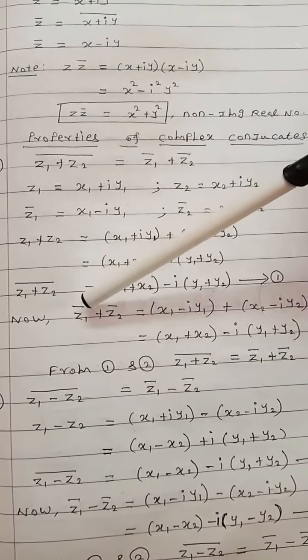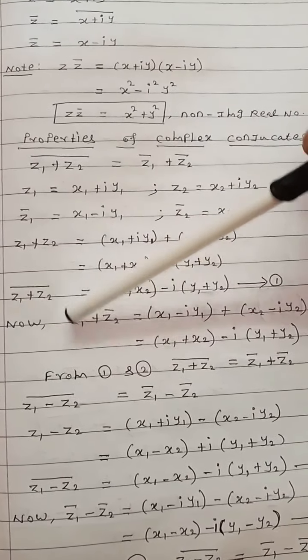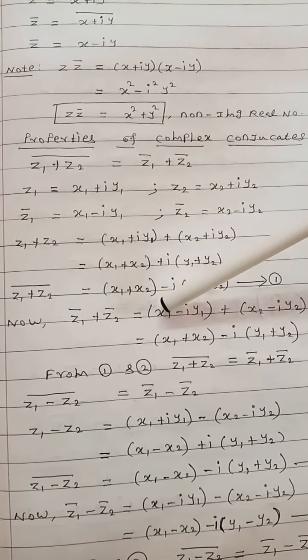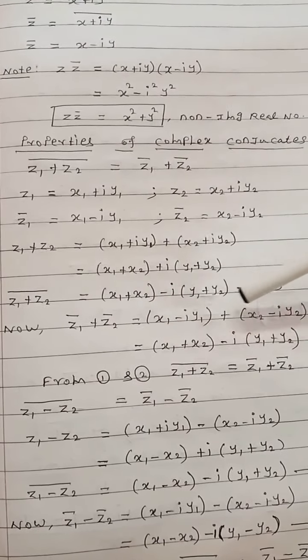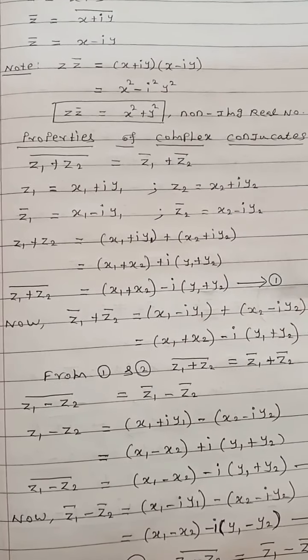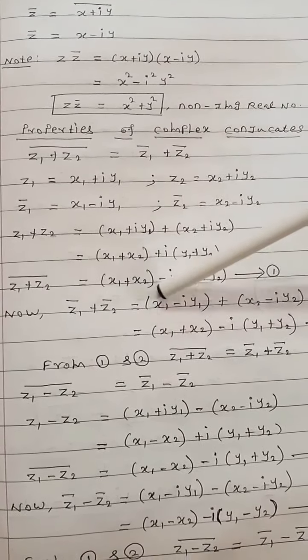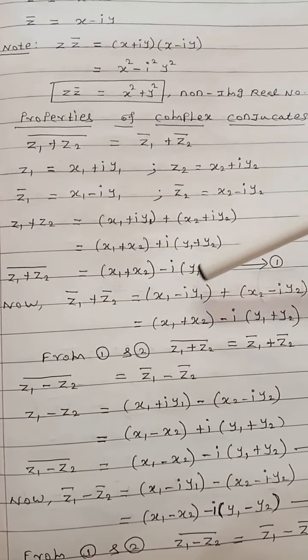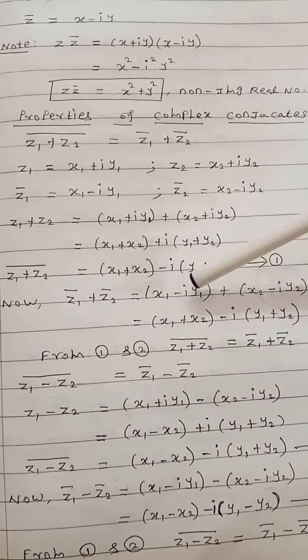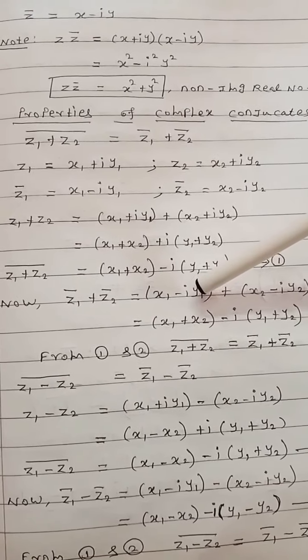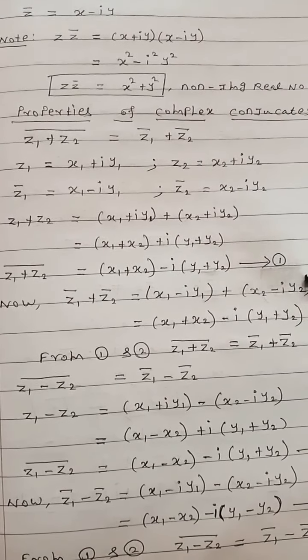Now consider the right hand side, z1 bar plus z2 bar. z1 bar is x1 minus iy1, z2 bar is x2 minus iy2. Adding the real values, x1 plus x2, taking minus i outside, this becomes y1 plus y2.